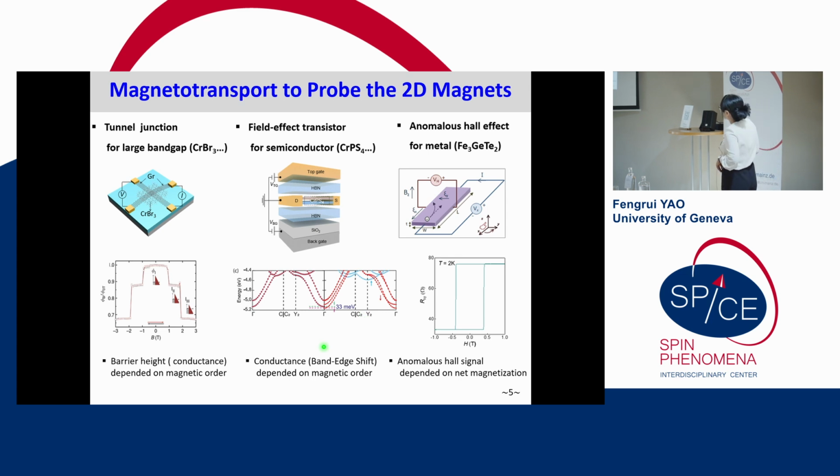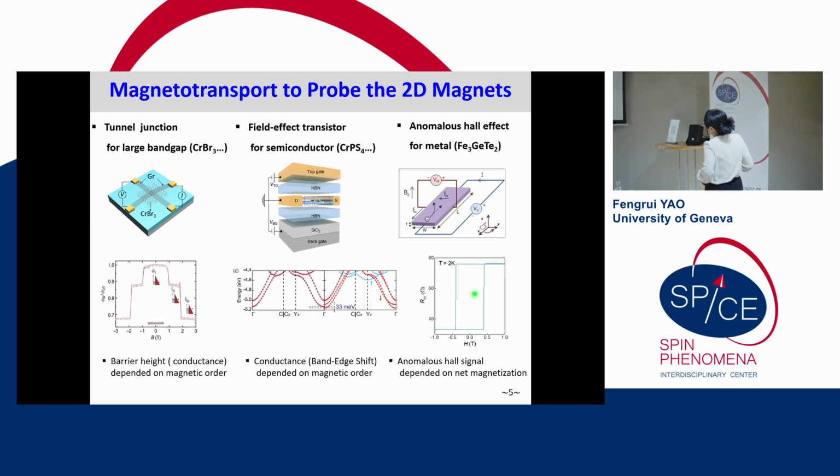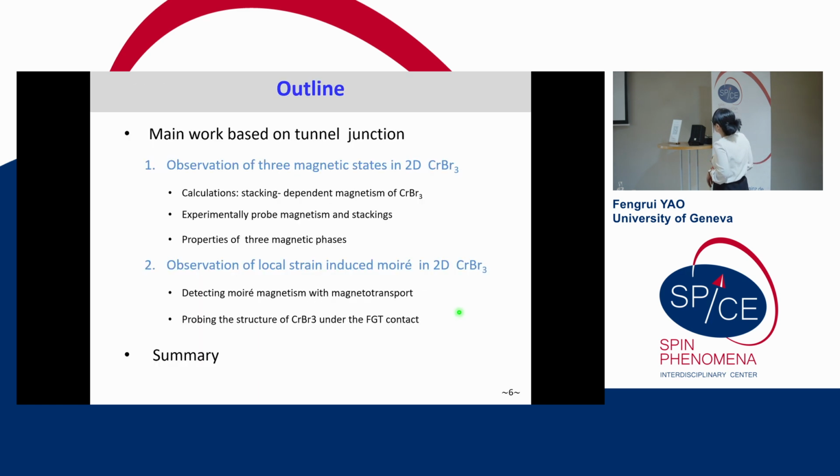And lastly, for metals, we can probe it by the anomalous Hall effect, since switching of the magnetization will induce a sharp change in the anomalous Hall signal. So today, what I'm going to talk about is based on this tunneling junction.